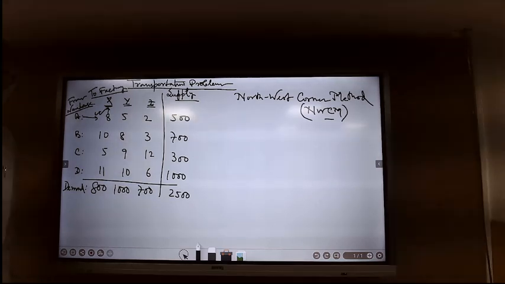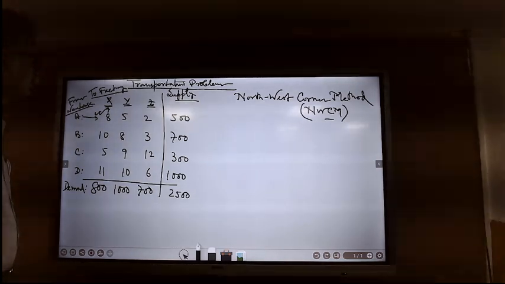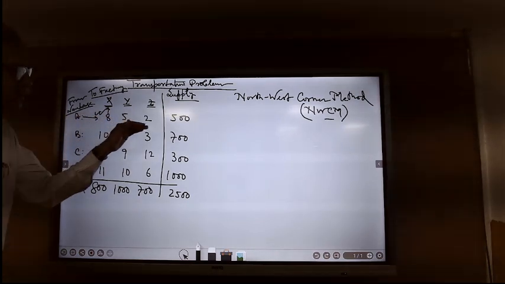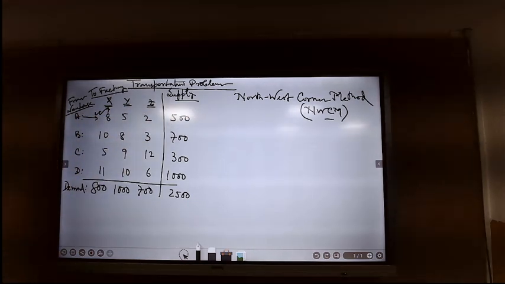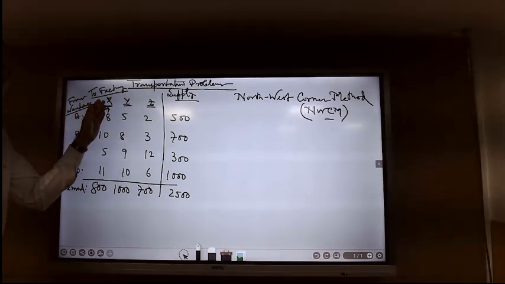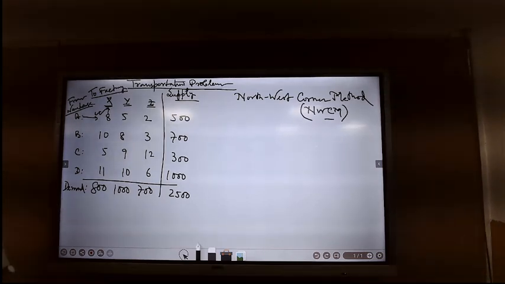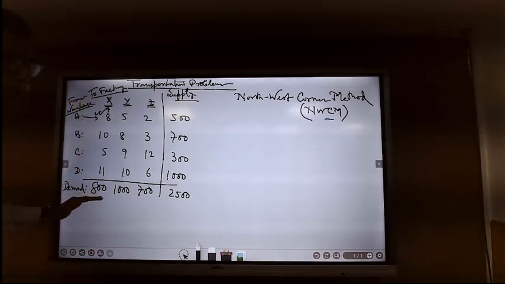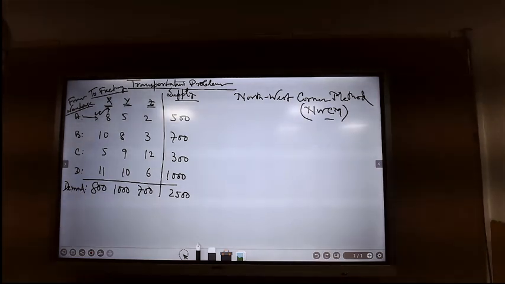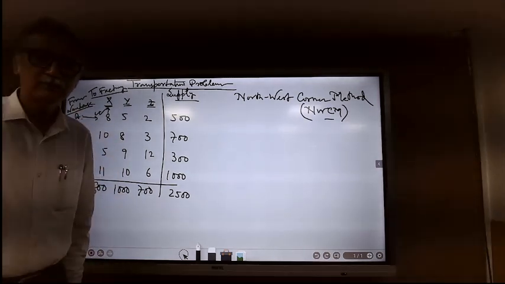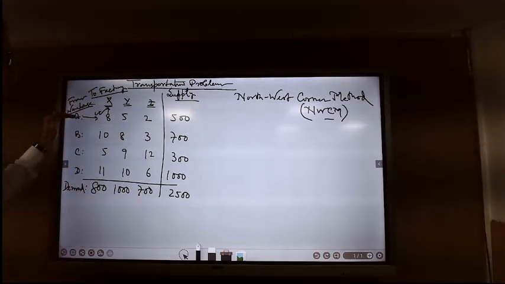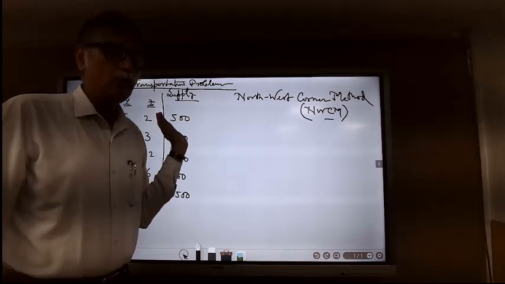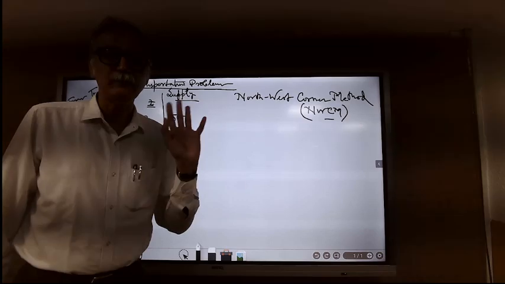Now the question is how much? So you see, warehouse A has the supply capacity of 500 units and factory X has the demand of 800 units. Although factory X has the demand of 800 units, the total demand cannot be satisfied from warehouse A because warehouse A only has the capacity of 500 to dispatch.